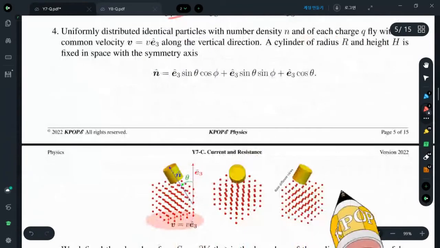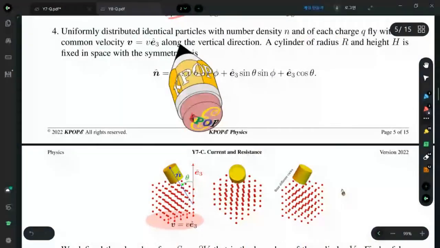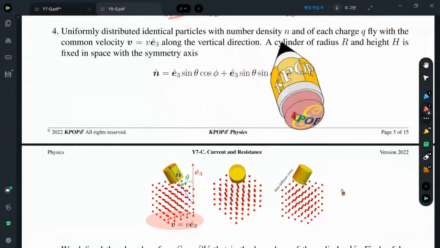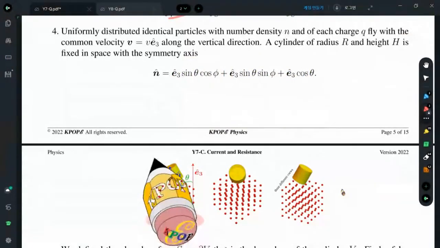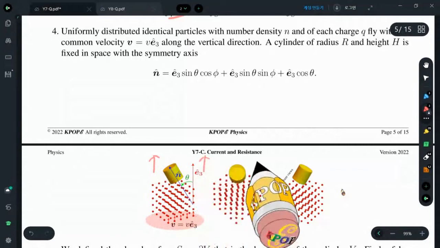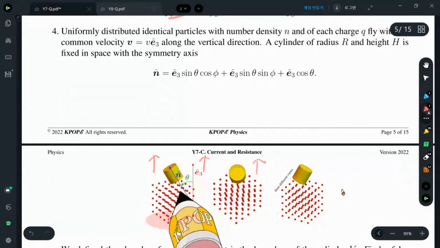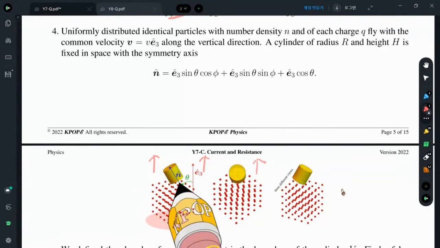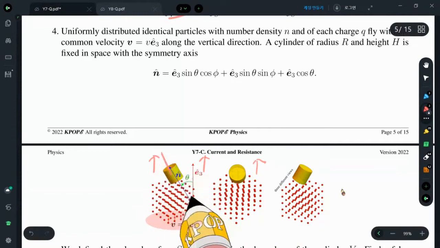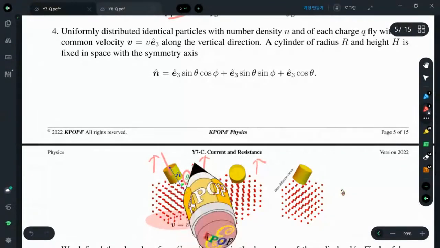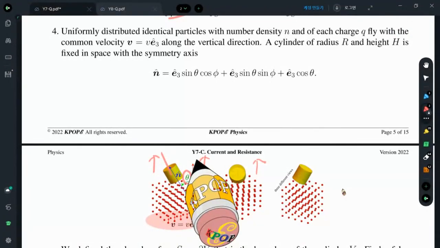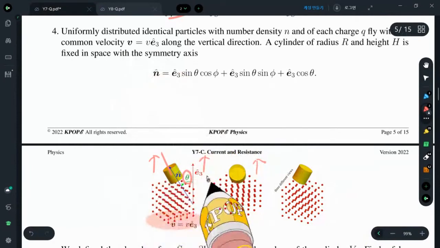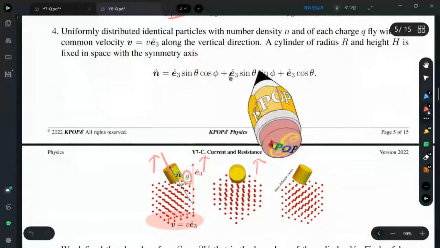Next, uniformly distributed identical particles with number density n. Here, this distribution is flowing upward. And their cylinder. Cylinder has a symmetry axis that has an angle with respect to the z-axis, and the flow is parallel to the z-axis, and this flow is uniform.